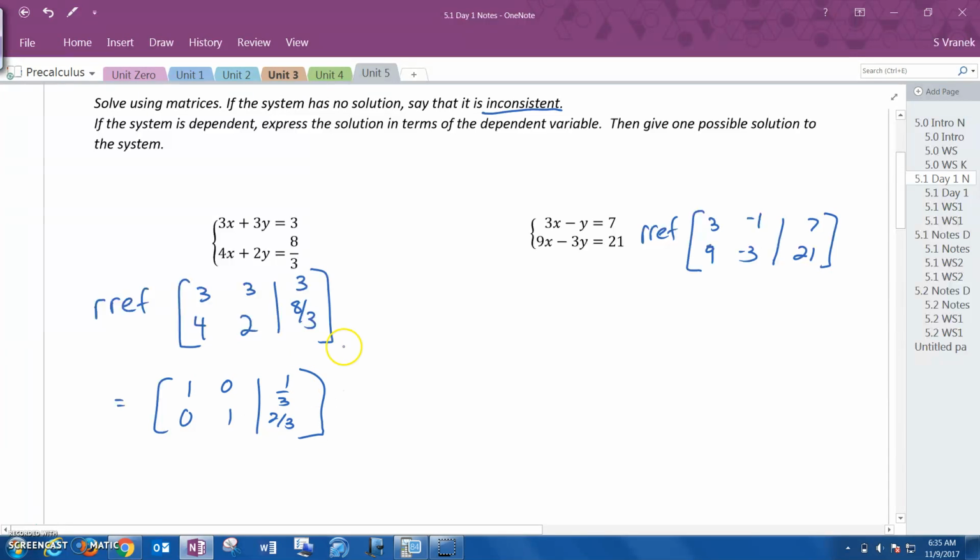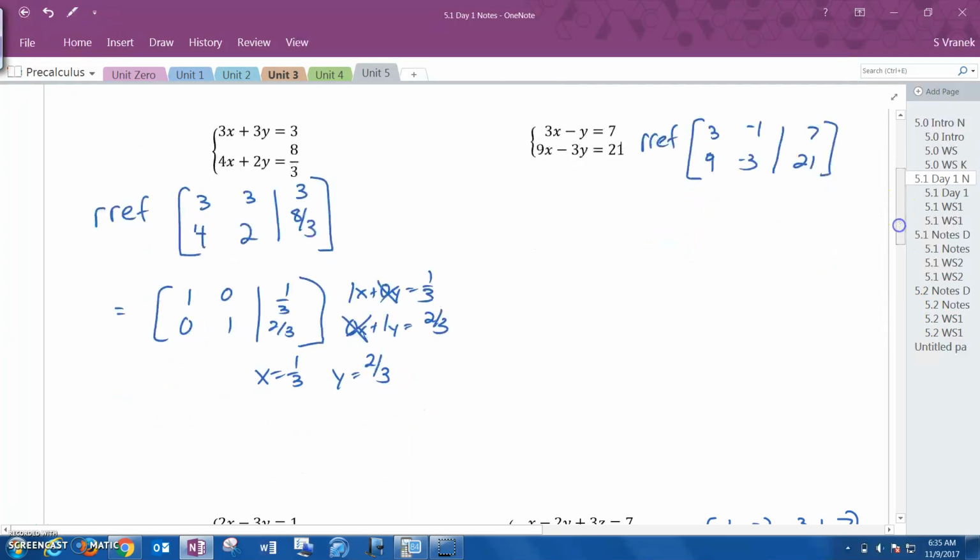What this means is that 1x plus 0y equals 1/3, and 0x plus 1y equals 2/3, which basically tells you that x equals 1/3 and y equals 2/3. So that's your solution to the matrix and solution to your system. So my answer is 1/3, 2/3. Okay, so that is how you do reduced row echelon form.